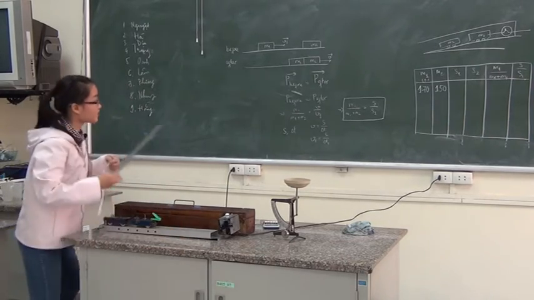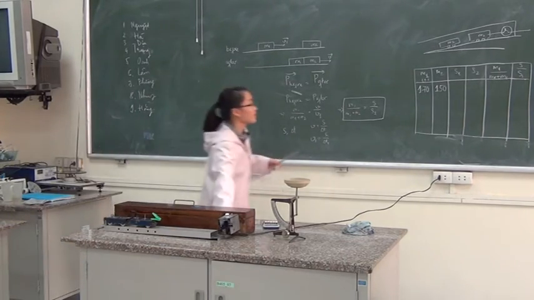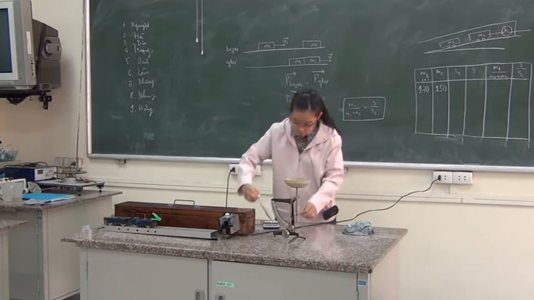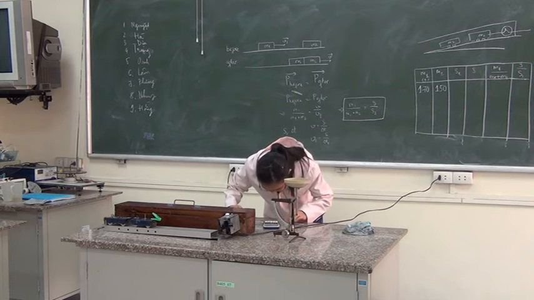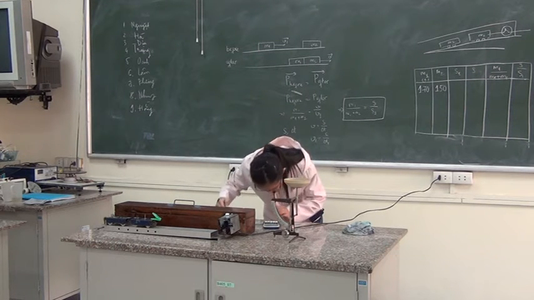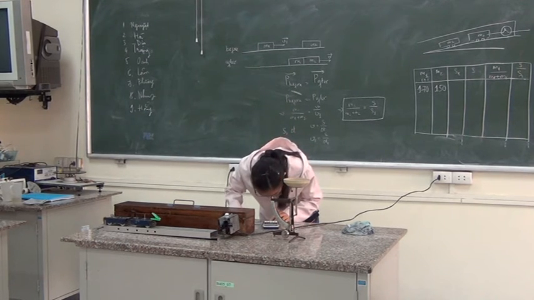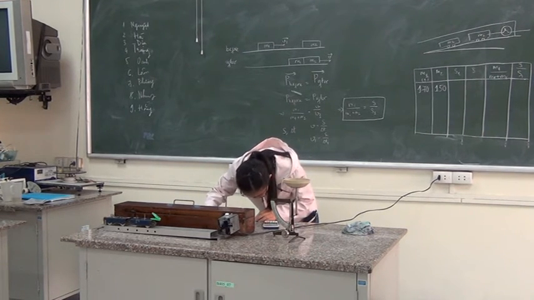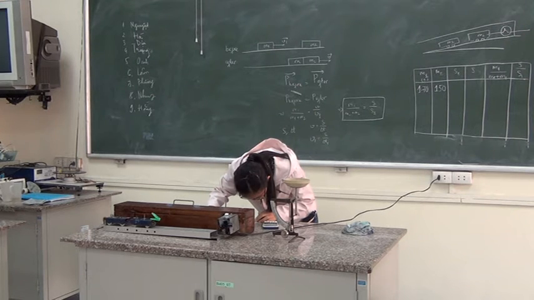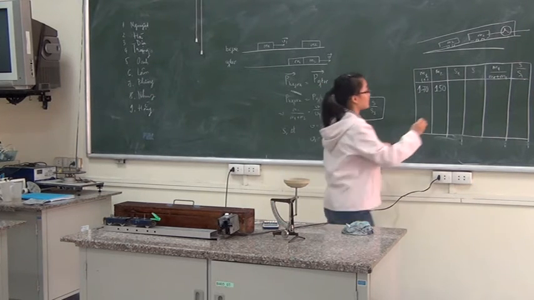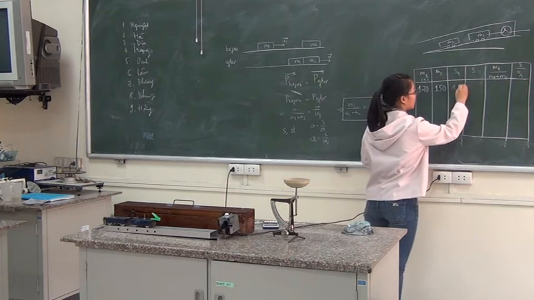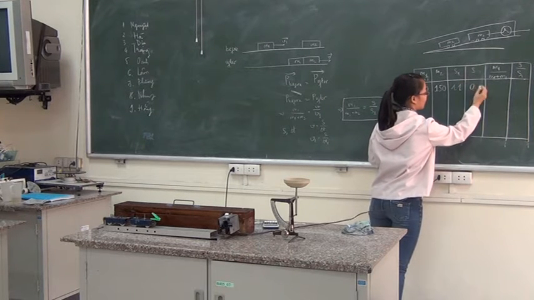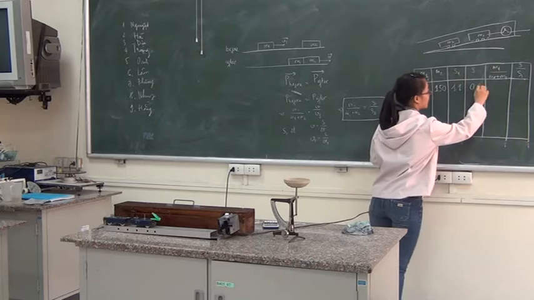So now I will calculate the S. Calculate on the paper. It is 0.1 and it is 1.1 is 0.6.